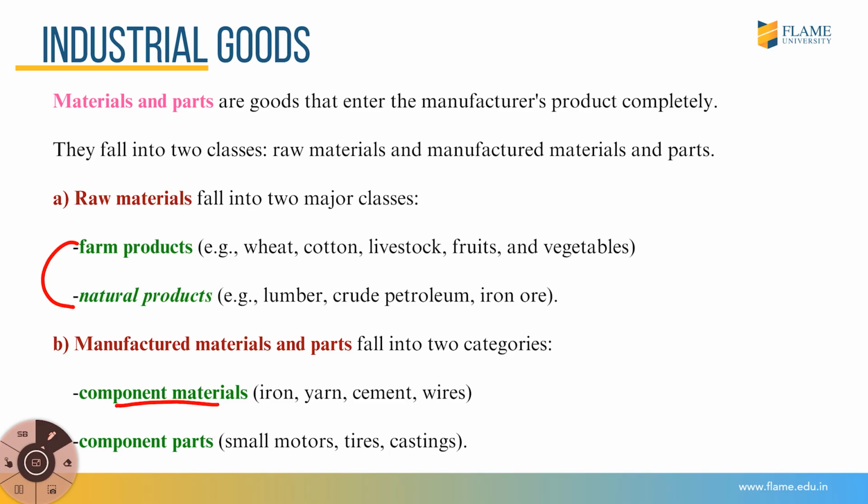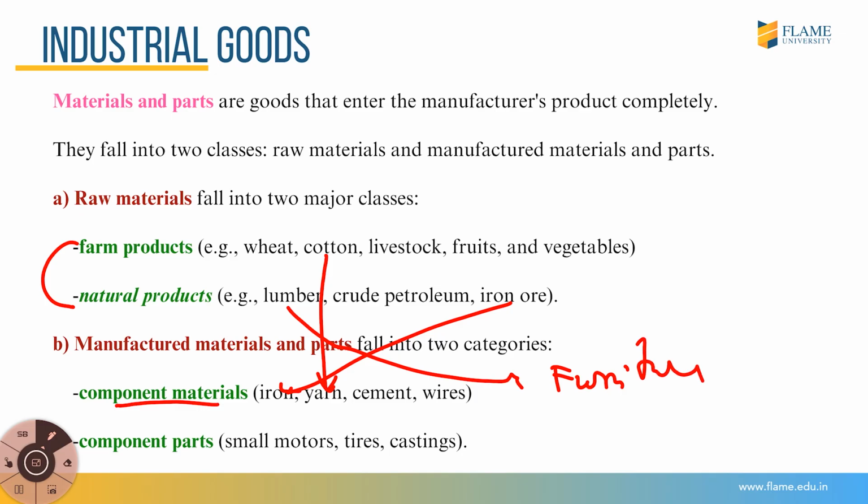From iron ore comes iron, from cotton comes yarn, from lumber comes furniture, and from rubber comes small motors, tires and castings.